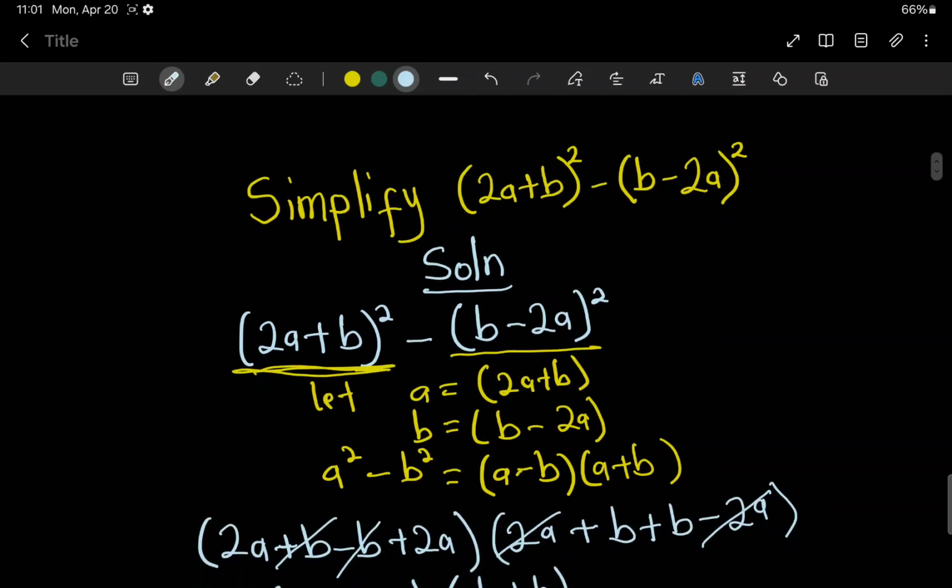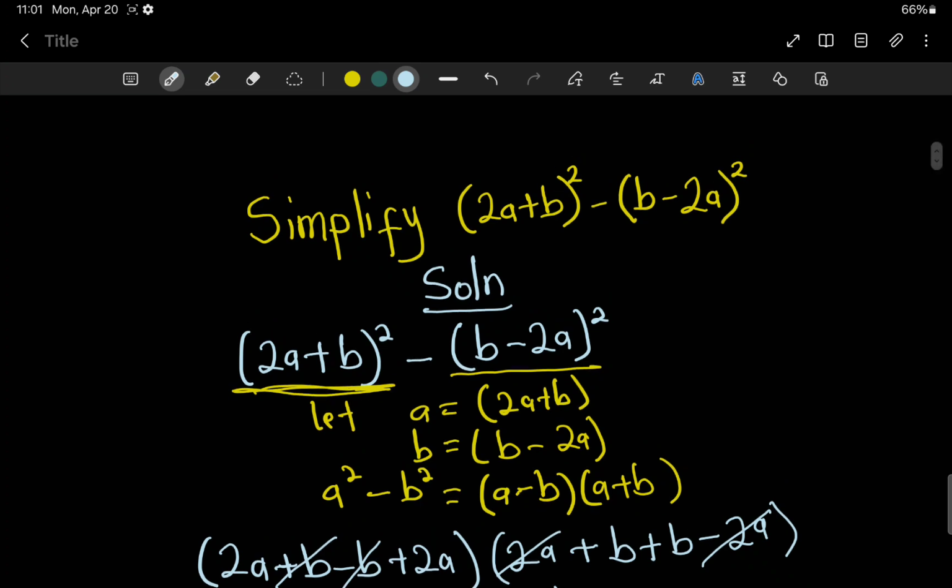And I'm saying that in order to solve this, we have to use the mathematic way known as difference of two squares, because the whole of this can be one entity. Let A represent the whole of this, and let B represent the whole of this.